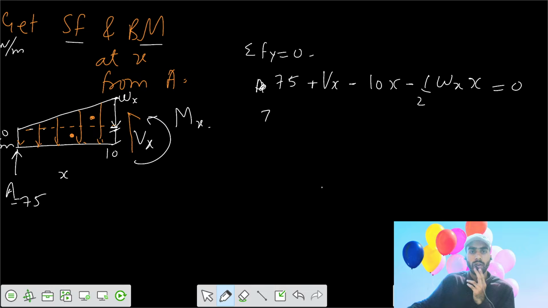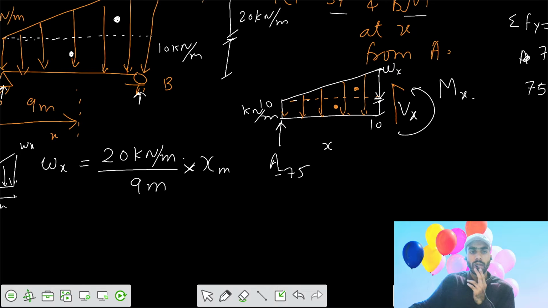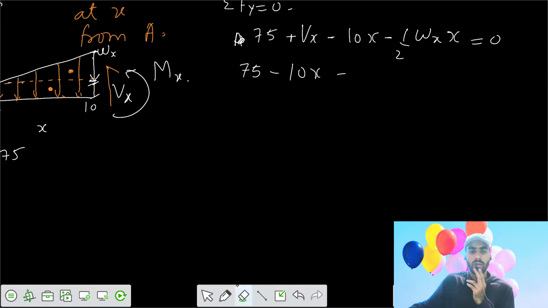Taking summation of forces: 75 + 75 - 10x - wx, where the value of wx was 20/9 of x, so 20/9 of x into 1/2 into x, equals to 0. Let's take plus V shear force at x equals to 0.